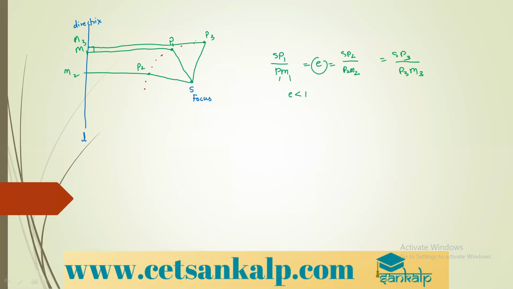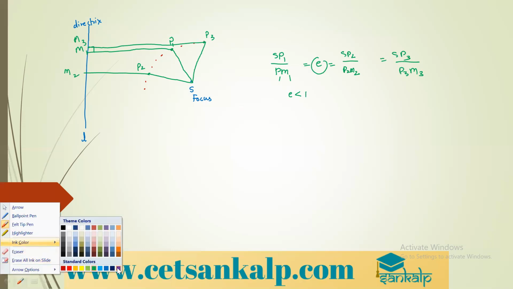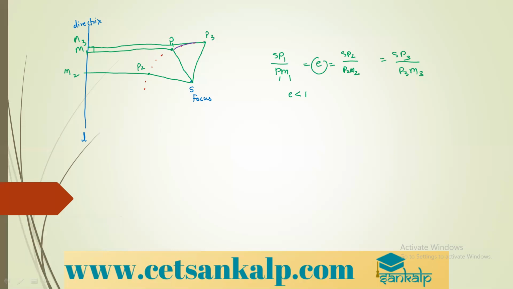If such condition is satisfied, then the line joining all such points P1, P2, P3, if you join all these points, then the diagram you get is that of ellipse. So this is the definition of ellipse.